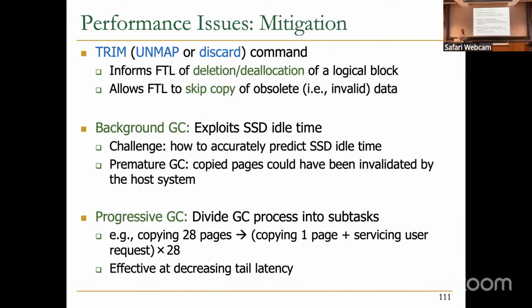That is also kind of implemented, if you are thinking about the cache read command, right? You can actually fuse one GC operation with one read. This is very similar to progressive GC. So when you want to do one GC copy together with another read operation, you can also be more intelligent and use other optimization techniques. You can even do multiplane operations, for example, right? So there are optimizations going on there as well.